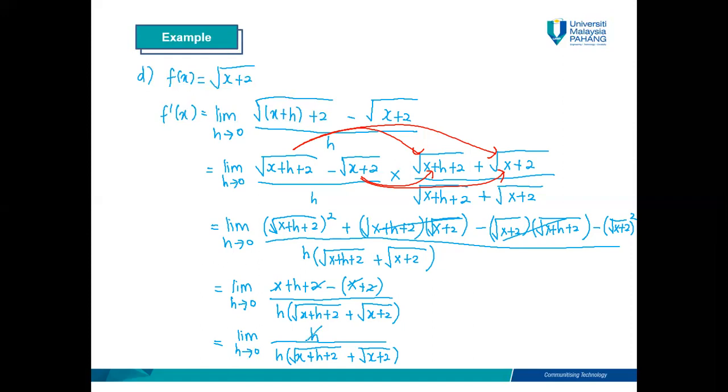So tengok kat sini, you can simplify h dengan h. Okay, so saya sambung sini. So equal to, yang tinggal adalah limit 1 over sekarang h square root of x plus h plus 2 plus square root of x plus 2 when h approaches to 0.